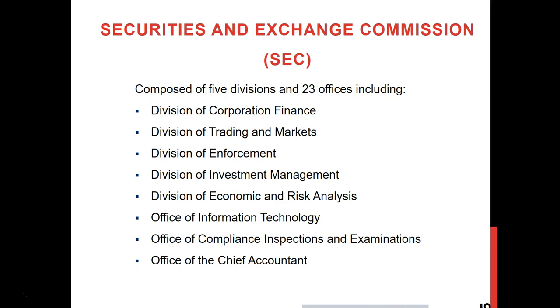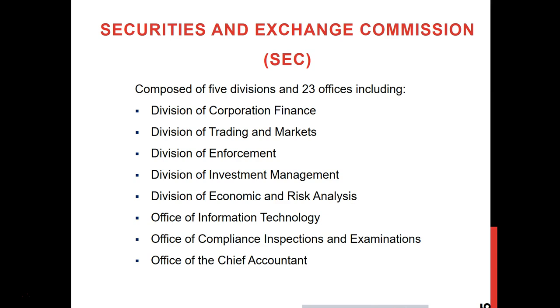This division assists the SEC in efforts to protect investors, maintain efficient markets, and facilitate capital creation. It interacts with all other SEC divisions and offices and provides access to sophisticated economic and risk analysis to help advise and inform policymakers and rule makers.